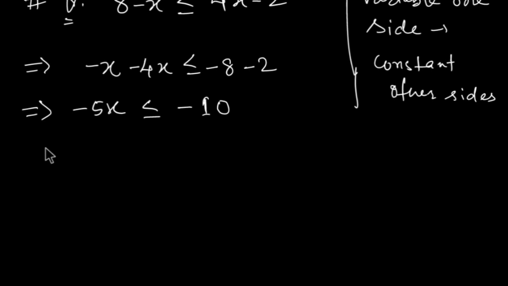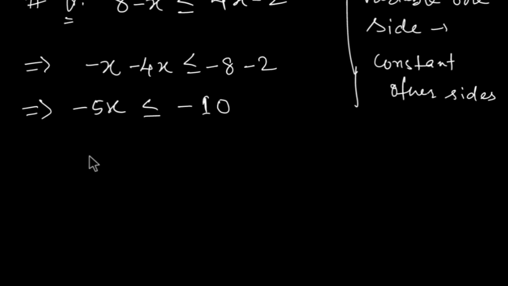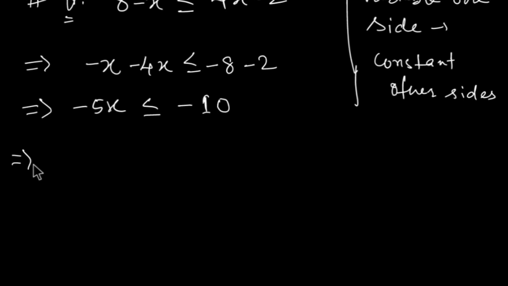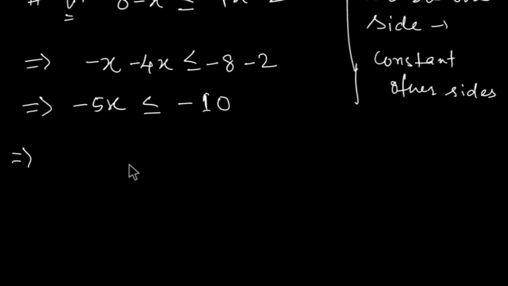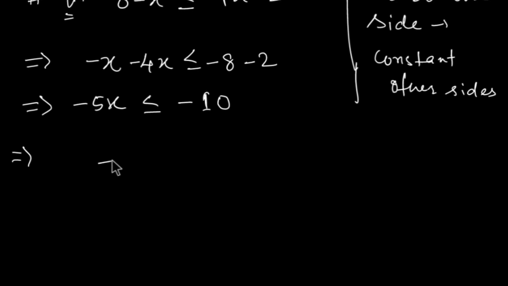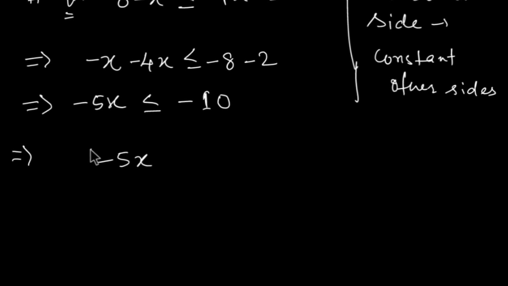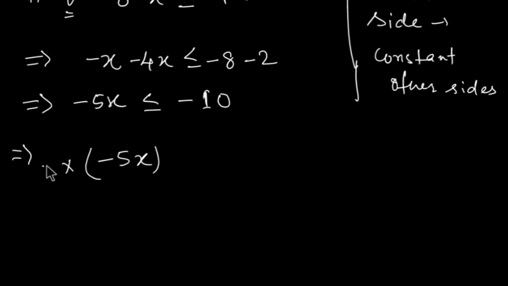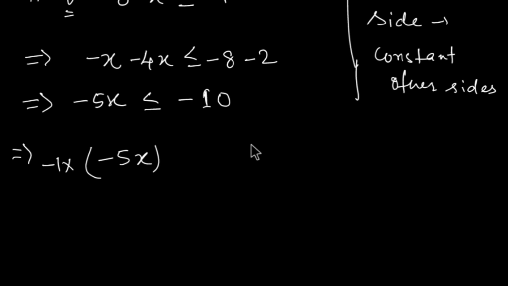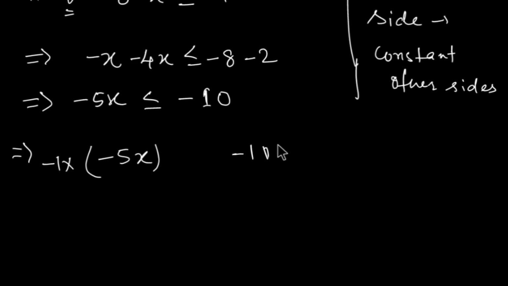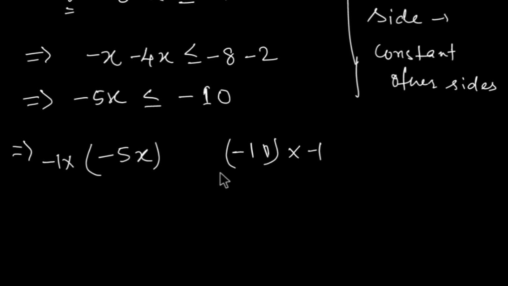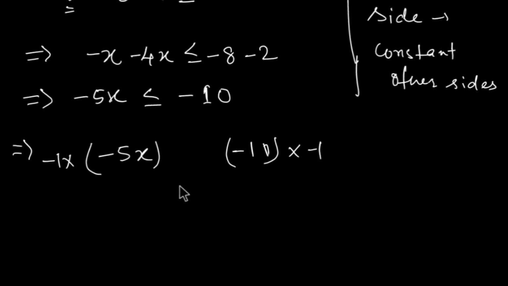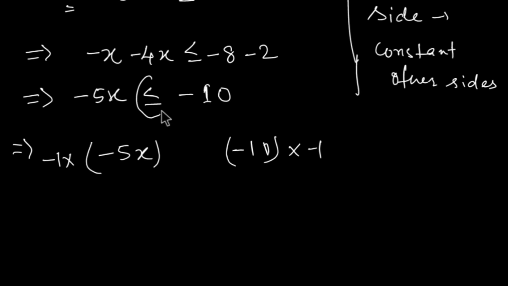Now you will understand here both sides are negative, so we are going to multiply both sides by a negative number. So minus 5x, you multiply by minus 1, and this minus 10, you multiply by minus 1. Why are we doing this? To make it positive. And I told you whenever a negative number is multiplied on both sides, the sign of the inequation will change.